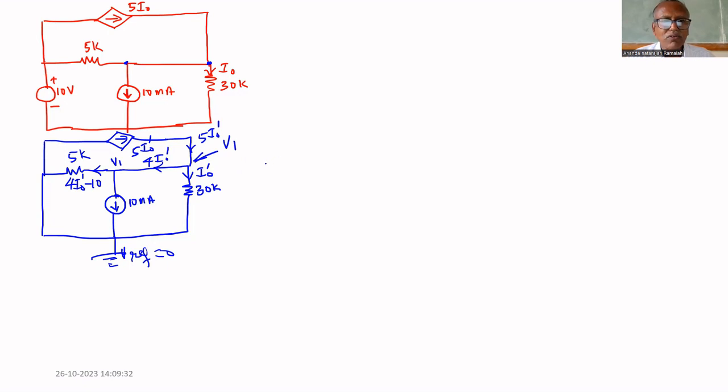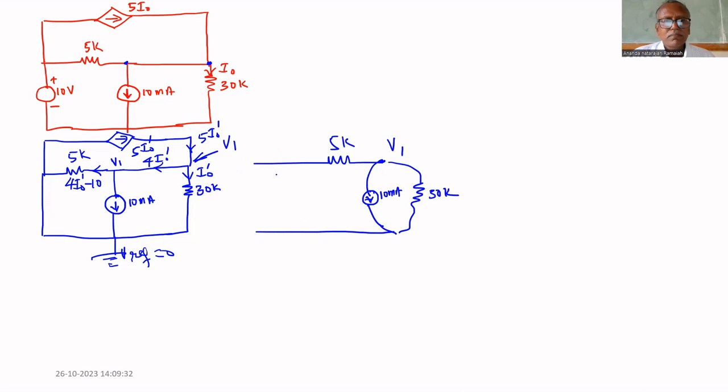I will draw this circuit in the other way. 5K, this is V1, 10 milliampere, and this is 30K. Here one current source is there, that is 5 I0 dash.